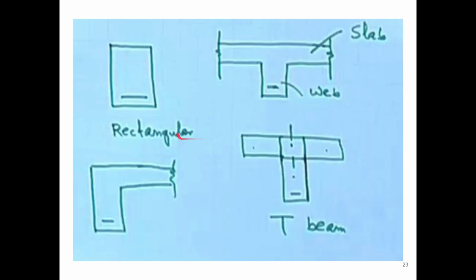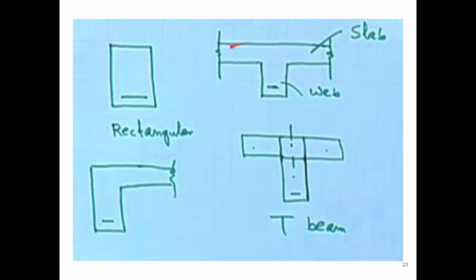So this was a singly reinforced section, as you can see here. Later in the coming slides we will go to flange sections and doubly reinforced sections, right? These are some of the examples. This is a T beam, where this is basically a slab, and this one is the reinforced beam section.